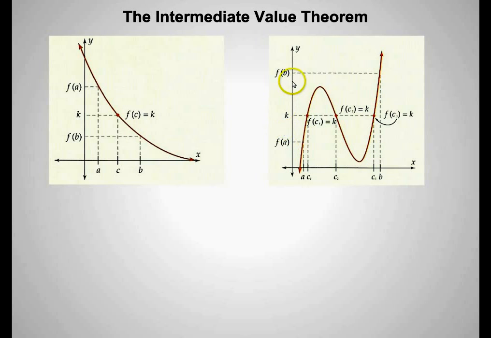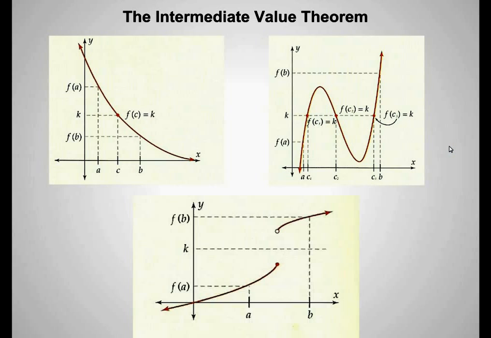If you pick any number between f of a and f of b, so we arbitrarily choose k, and draw a horizontal line, this horizontal line intersects the graph of f, being a continuous function from a to b, 3 times at c1, c2, and c3. So remember, the theorem says that there exists at least one number c, in this case 3, between a and b, such that the value of the function there will be that value for k that you've chosen arbitrarily.